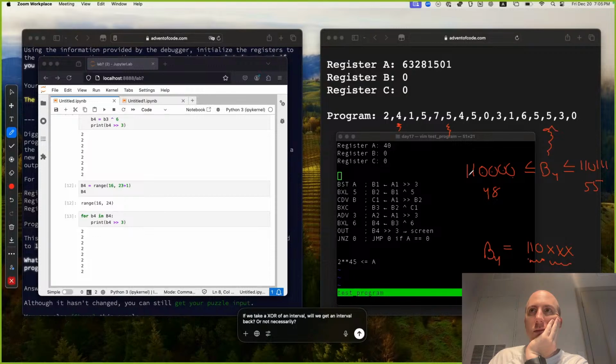Hmm. So the only starting point that's changing for us is basically this prefix here.